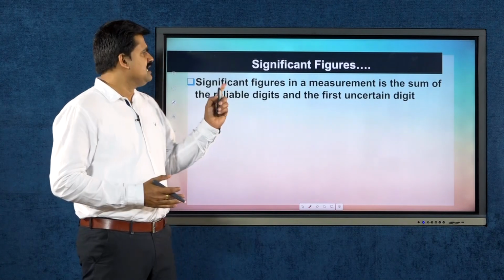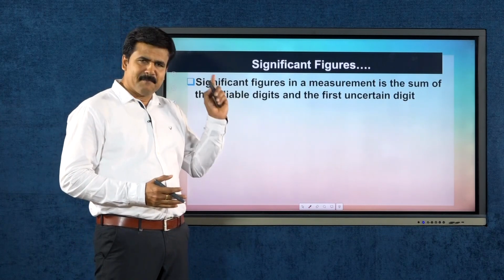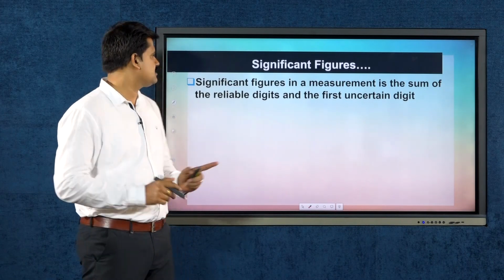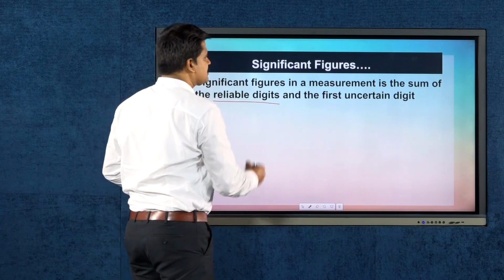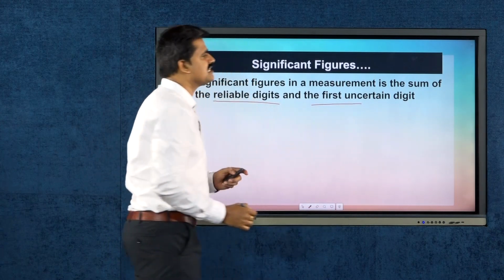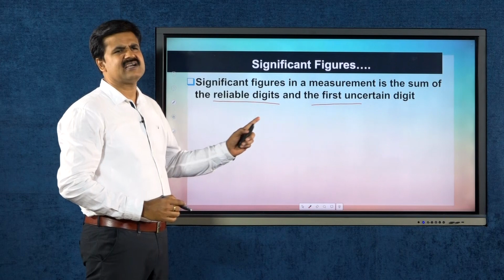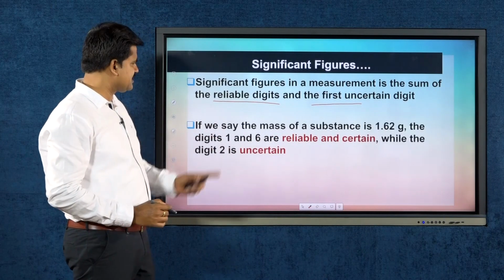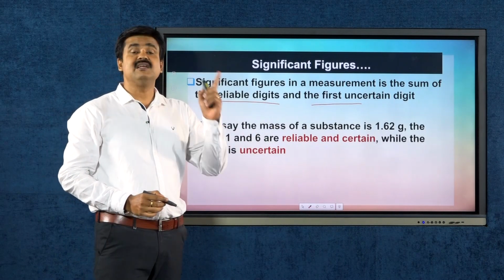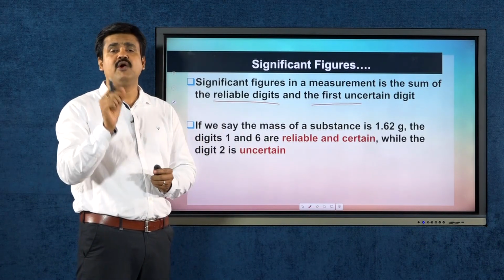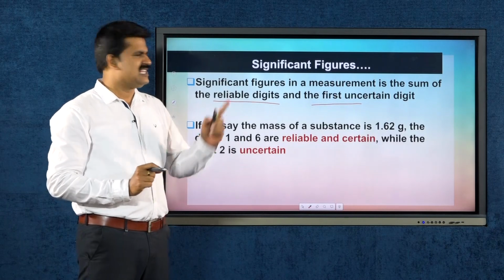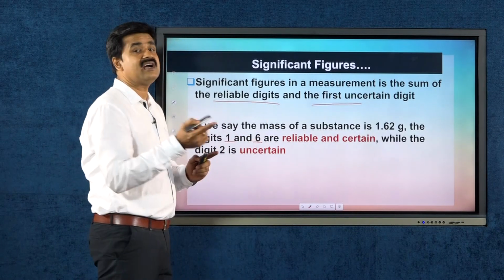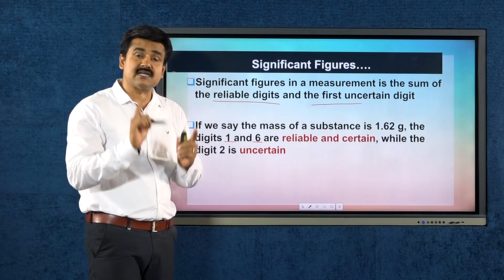Now, significant figures in a measurement is theoretically the sum of two things: the reliable digits and the first uncertain digit. This point I can exemplify with the help of a measurement. For example, if we say the mass of a substance is 1.62 gram, the first two digits, that is 1 and 6, are reliable and certain digits.